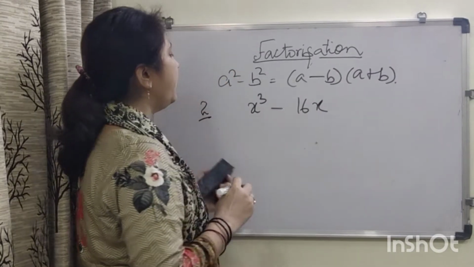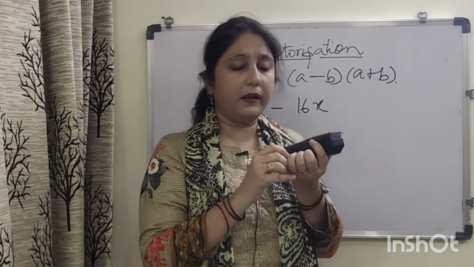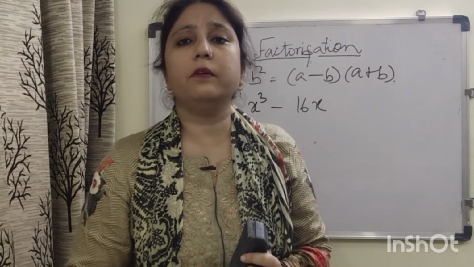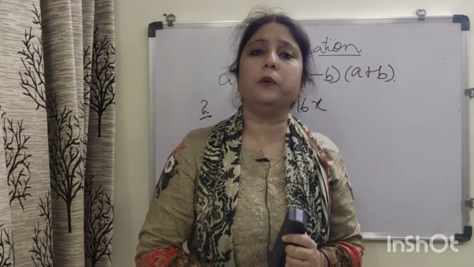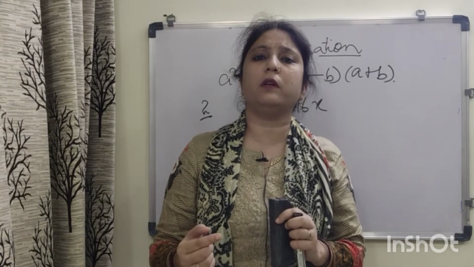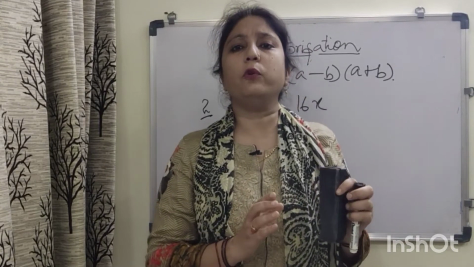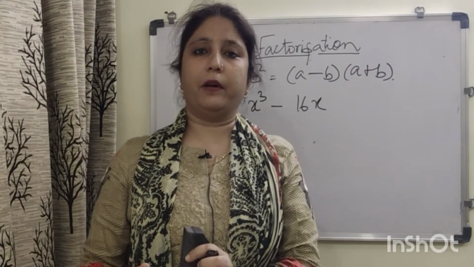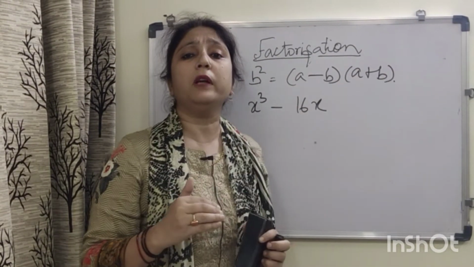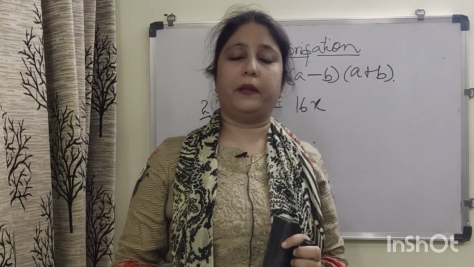Here is another question, x cube minus 16x. Children, when I taught you in the first video, I told you that each and every step of factorization you have to carry forward in the second one, as this is the one where you are using a square minus b square.